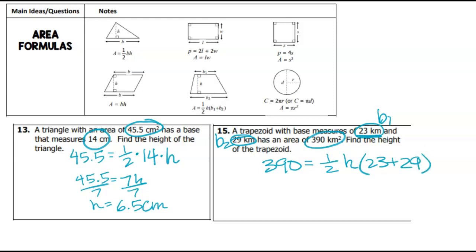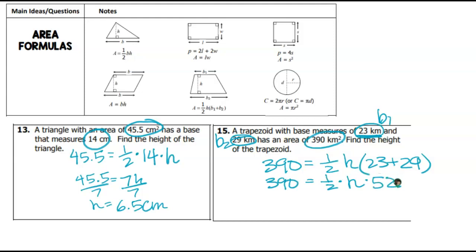All right, so I'm going to go through my steps of solving that. I want to combine the parentheses here and simplify as much as I can on the right side. So 23 plus 29 is 52. So now I have 390 equals 1/2 times h times 52.